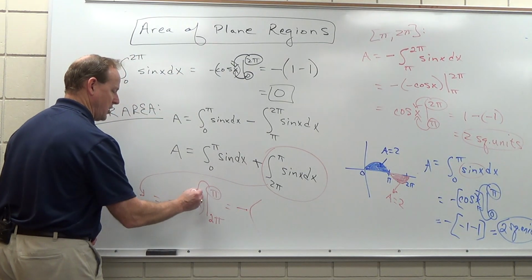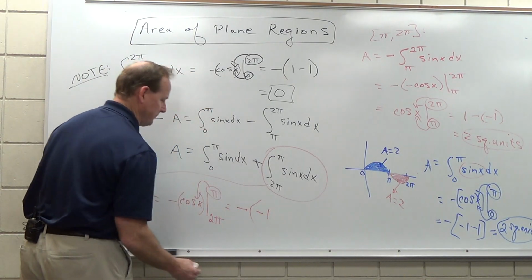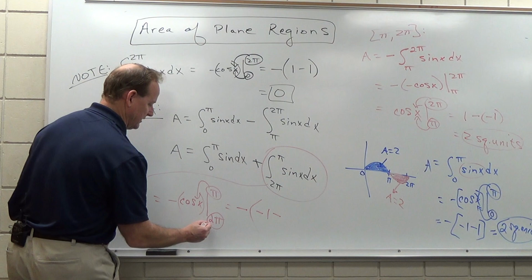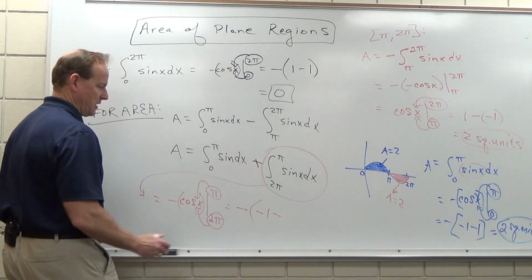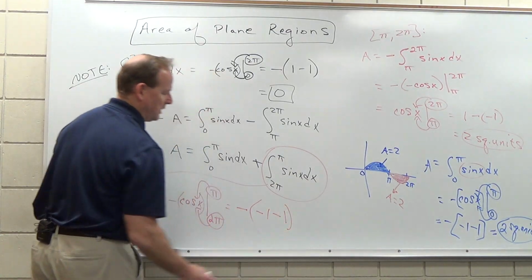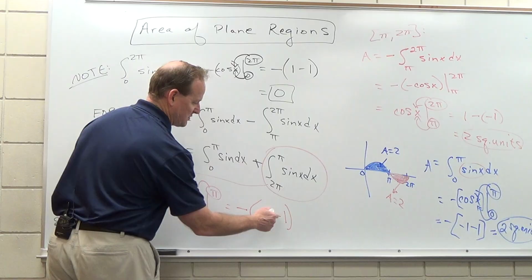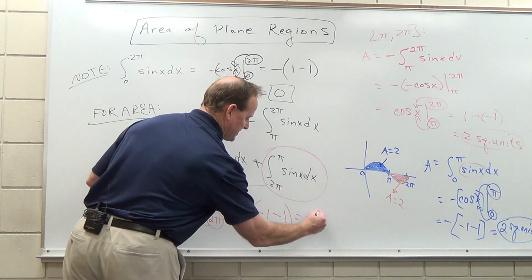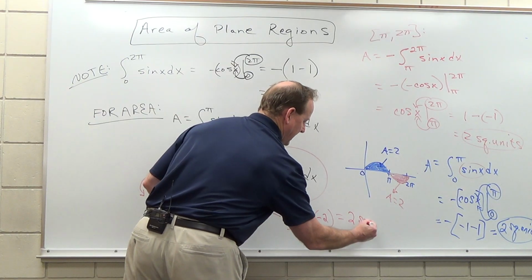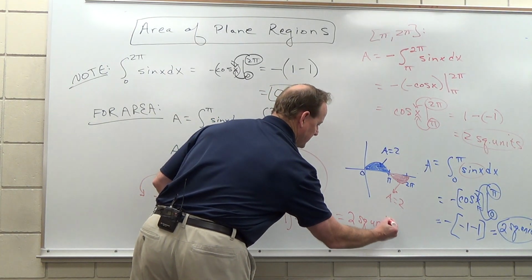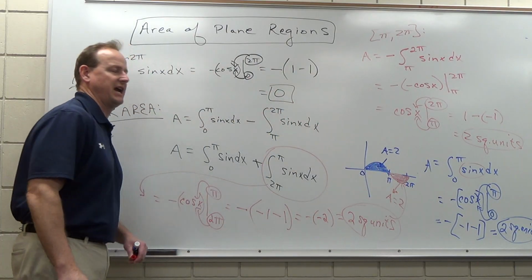When I plug in cosine of pi, it is -1, and then I'm going to subtract, plugging in the lower limit, the cosine of 2 pi, which is equivalent to cosine of 0, a positive 1, so I'm going to subtract away a positive 1. So it's going to be the opposite of -1 - 1, which is the opposite of -2, which is actually a positive 2, and so there's positive 2 square units, just like we knew in that shaded area.